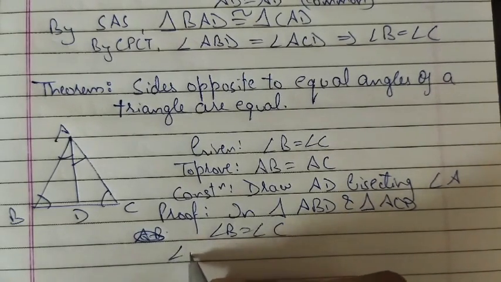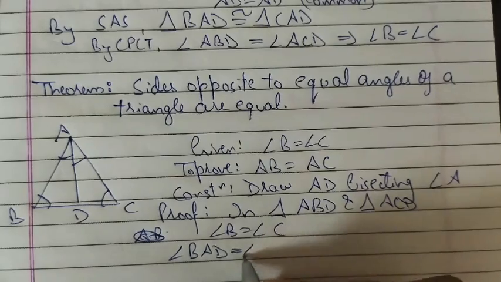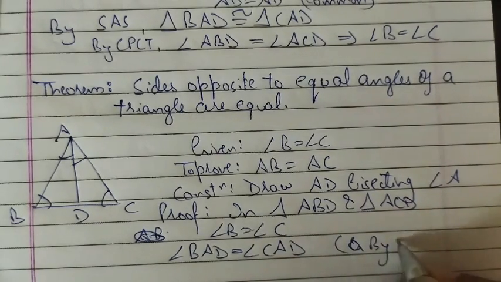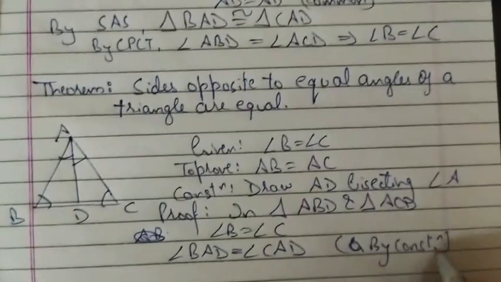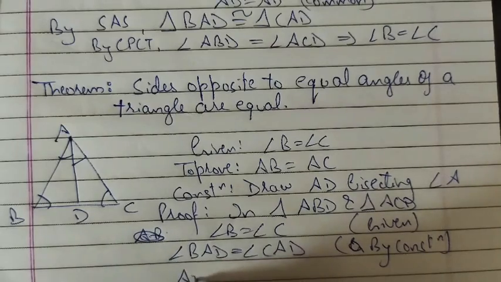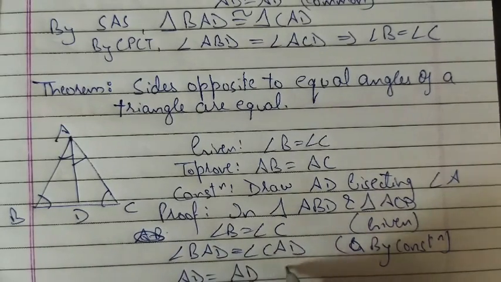Also angle BAD is equal to angle CAD, by construction. And AD is equal to AD, common.